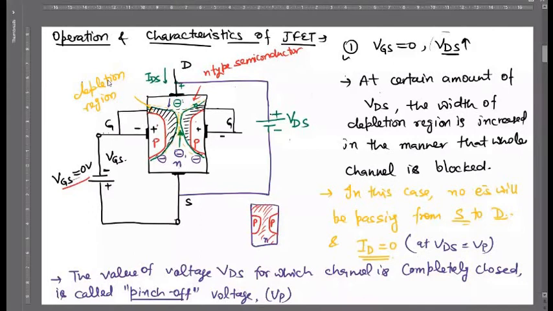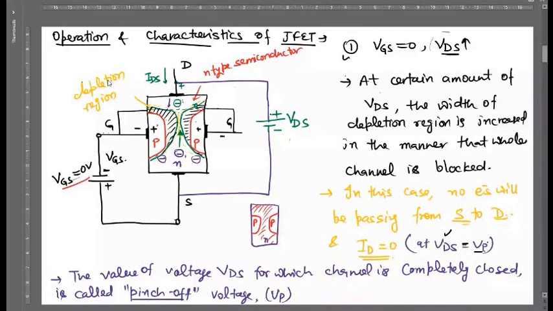Means earlier VDS was reaching the level of BP at which the channel was completely closed. When we apply negative VGS, this BP shifts to a lower position. Means for a small value of VDS, this channel will be completely closed.